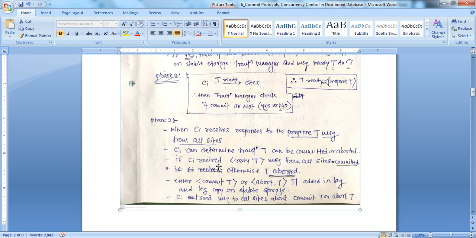If Ci receives the ready T message from all sites, it commits; otherwise it aborts. Either commit T or abort T is added into the log, and the log is copied onto stable storage.